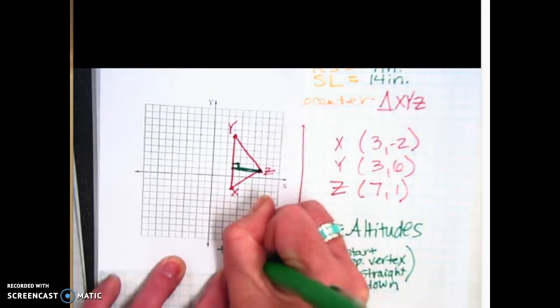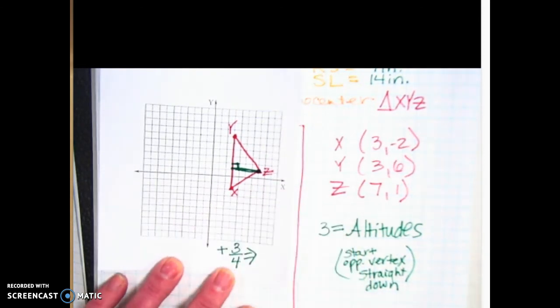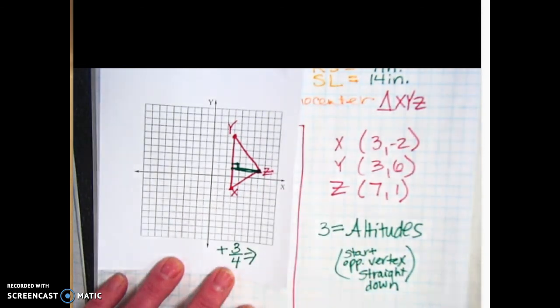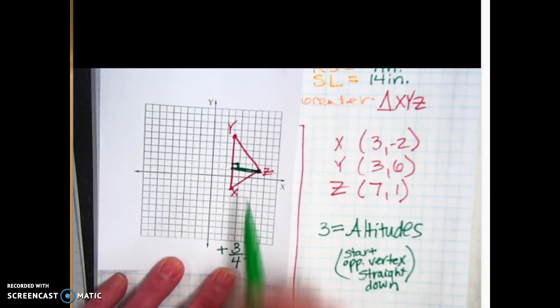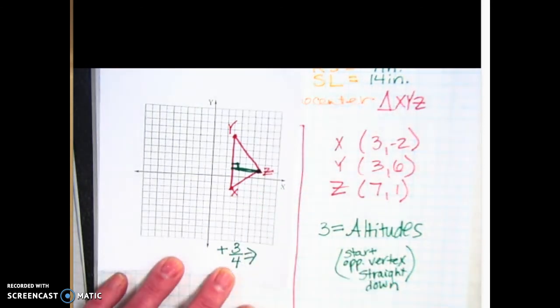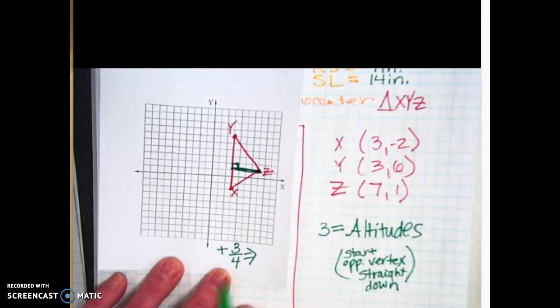Okay? We need to draw an altitude that's perpendicular to that side of the triangle. How do you find a slope that's perpendicular to positive 3/4? How do you find a slope of a line that's perpendicular to 3/4?